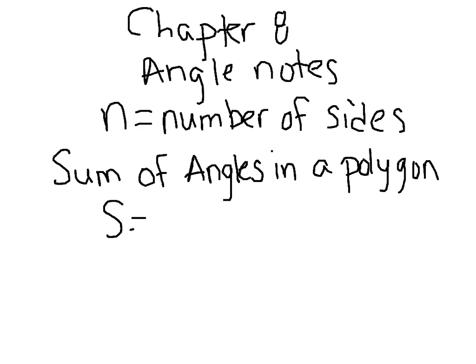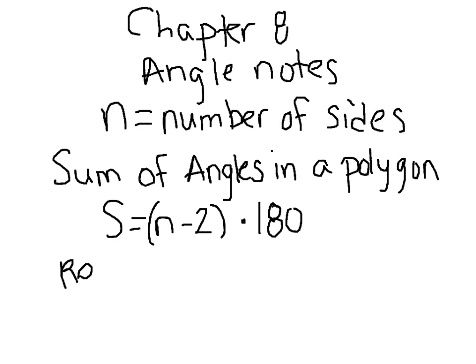Sum, S, equals n minus 2 times 180. Okay? We're going to talk a lot about regular polygons and non-regular polygons. Remember, the word regular equals a regular polygon. All sides and angles are equal.